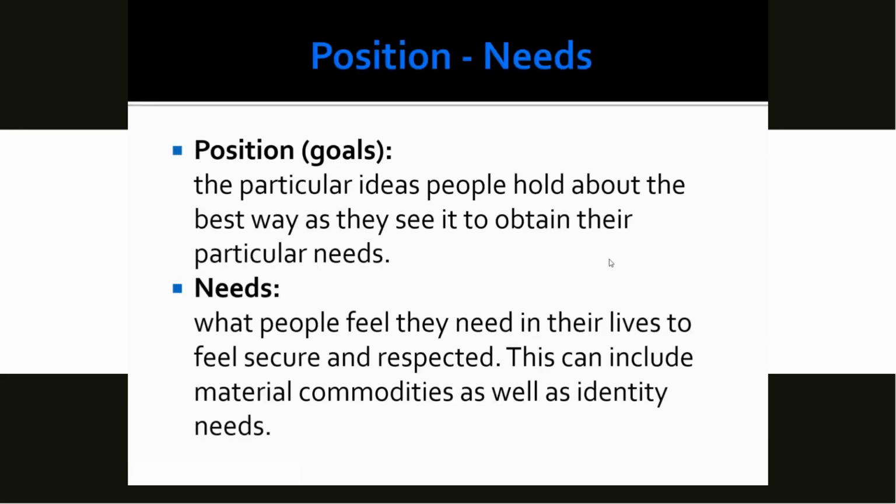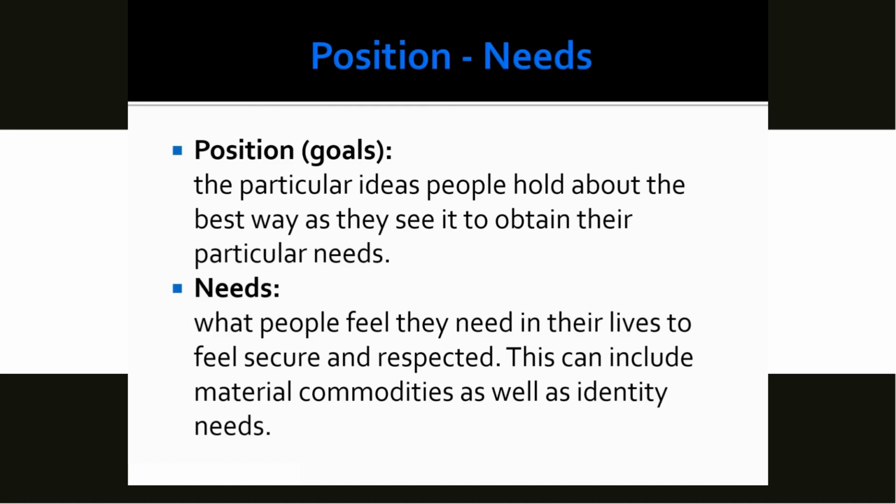So as I said, after identifying the parties, we need to study what goals they have ultimately. But these goals are usually linked with their needs, what they try to really achieve by winning this conflict.